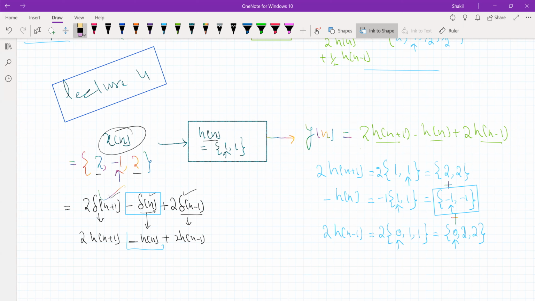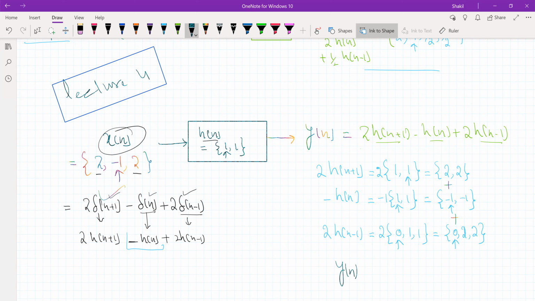Same way, the output is this when the input is this. So this is the output. Now our next job is to add these individual responses. Now if I add these, this will give me y of n.